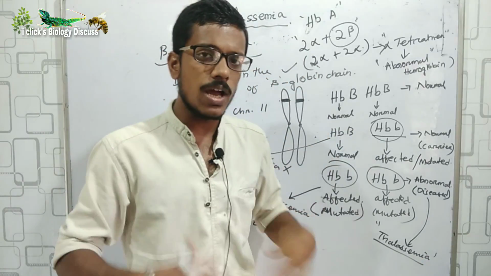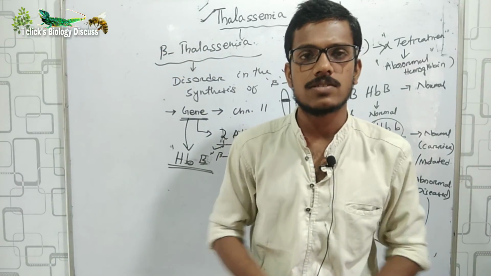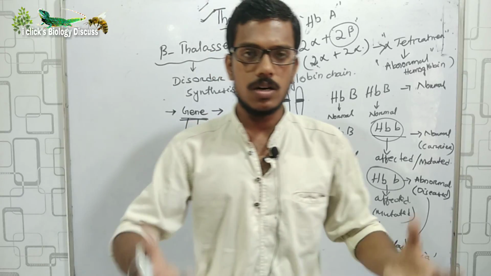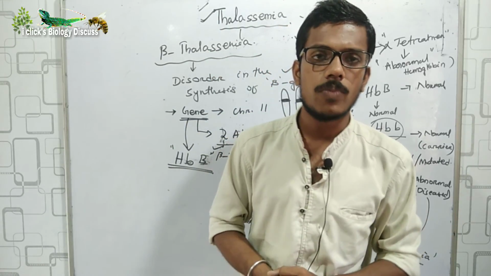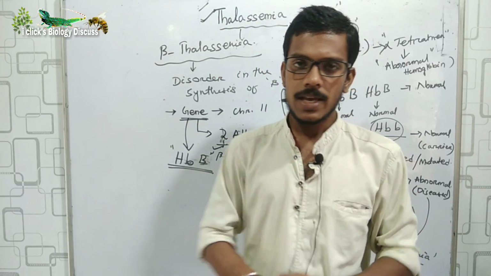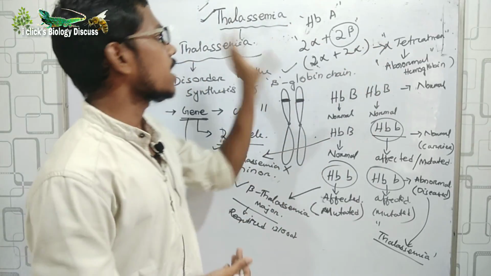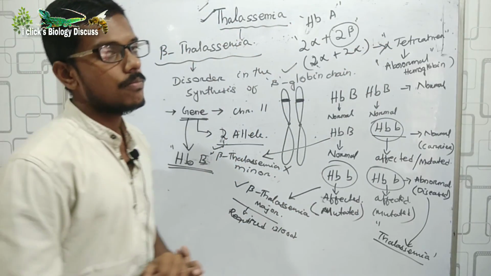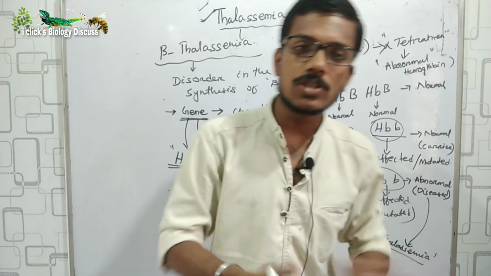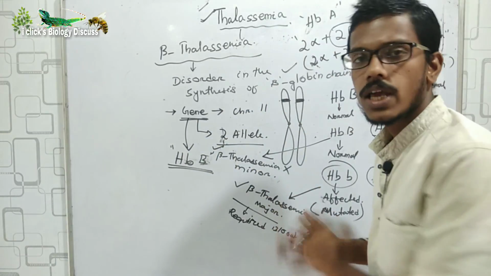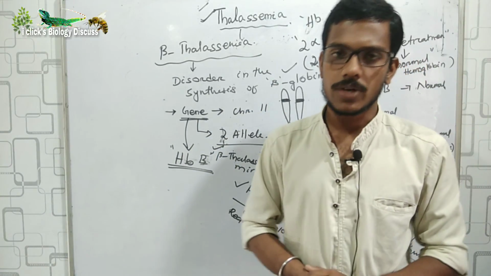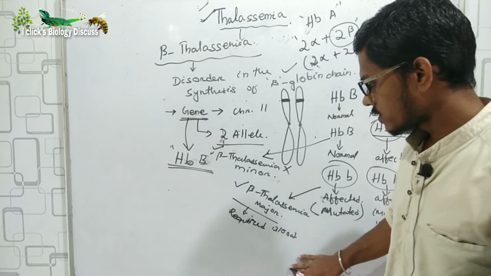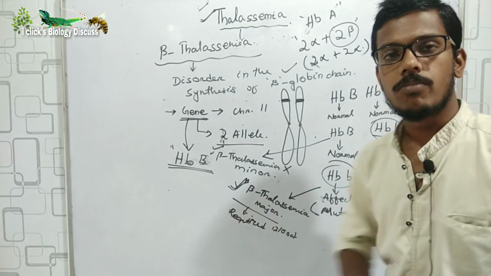Then oxygen supply will be less in all body parts, and there will be a decrease in the energy of that person. That's why this leads to beta thalassemia major, and that person will require blood from the outside.